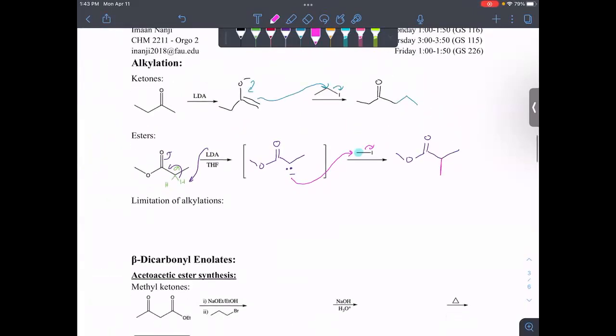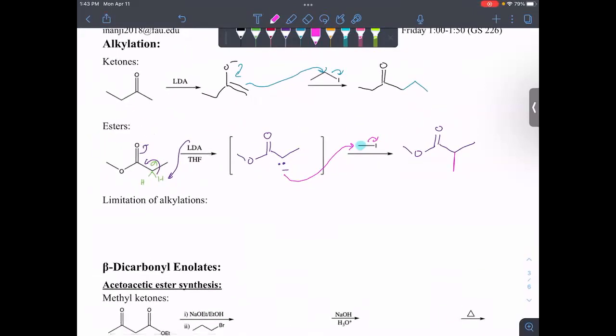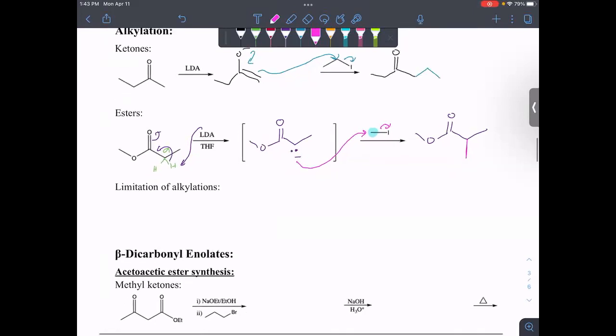Okay, so alkylation is pretty straightforward. Deprotonate, alkyl halide, attach the alkyl part. But there are some limitations. Because it's in a solution with a strong base, you can get elimination product as your major product if you're not careful with which alkyl halide you use.